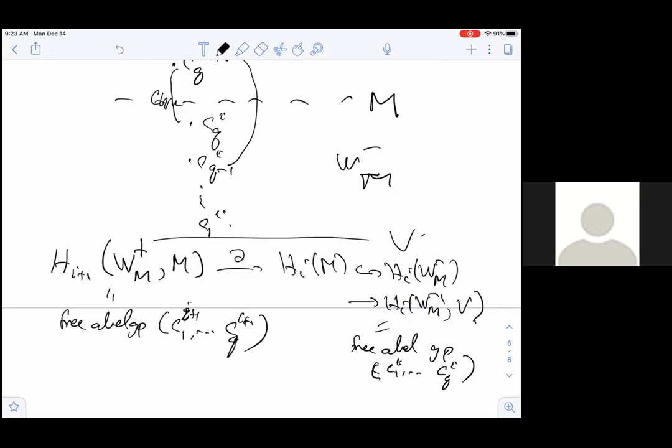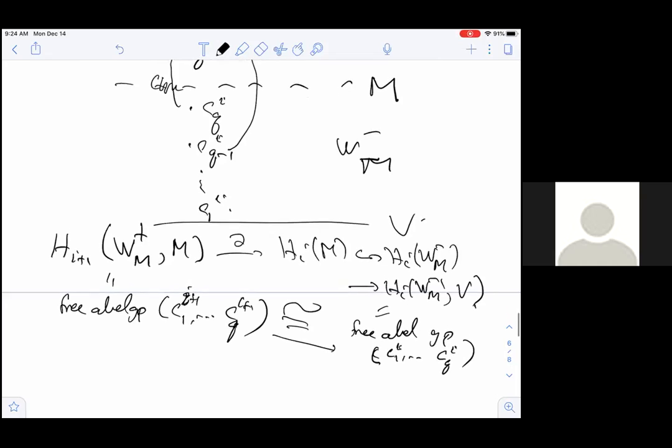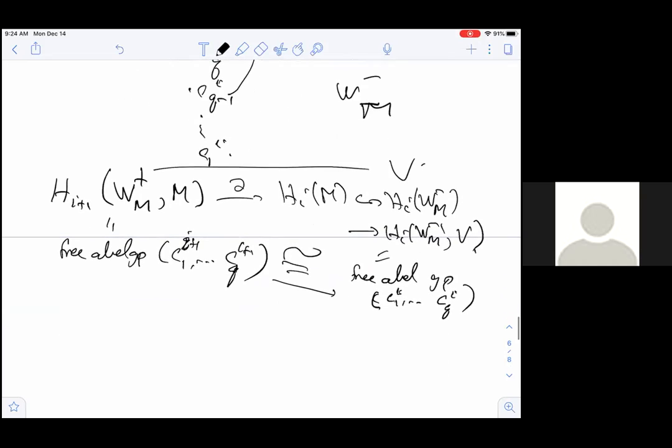So these are both free abelian groups of rank q, and the boundary map, of course, is an isomorphism. That's the statement that W is an h-cobordism. It doesn't have any homology. Okay, so that's true in general.